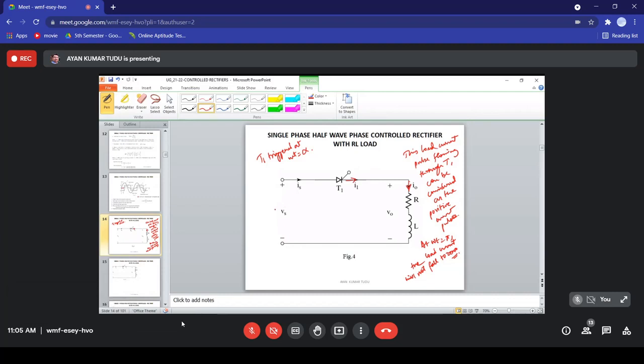Because of the presence of this inductance, a phase shift will appear between the load voltage and the load current waveforms. Here is the figure.